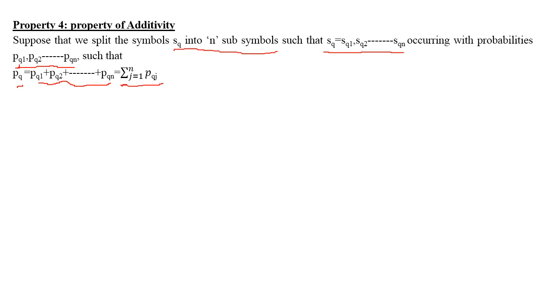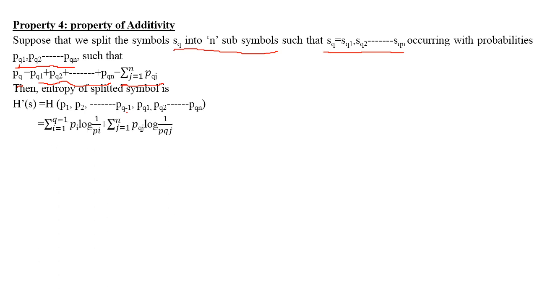That is, we are going to split the probability values. Then the entropy of the split symbol is given by H dash of S is equal to H of p1, p2 up till pq minus 1, pq1, pq2 up till pqn.